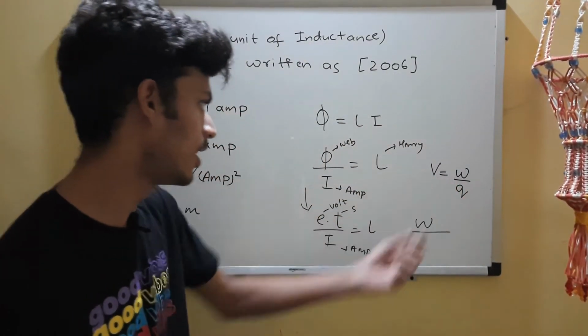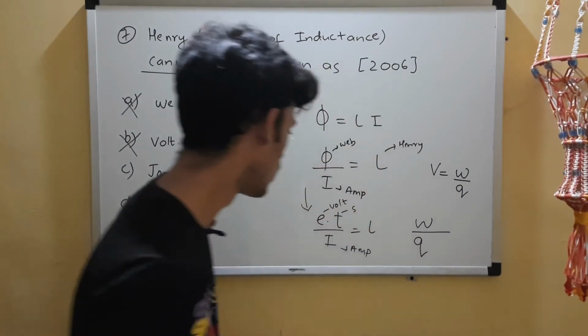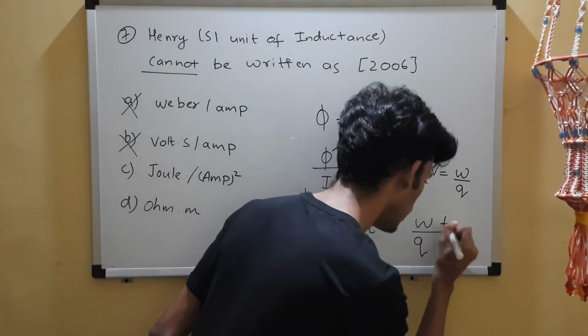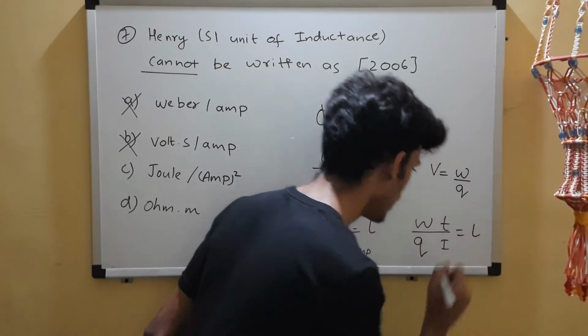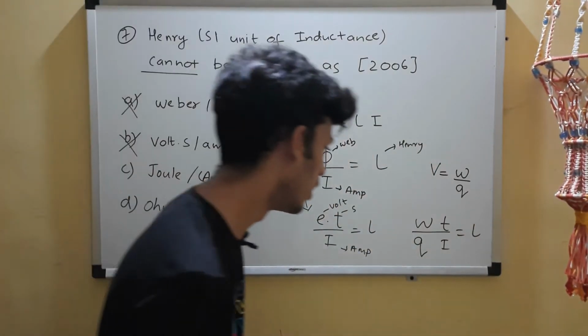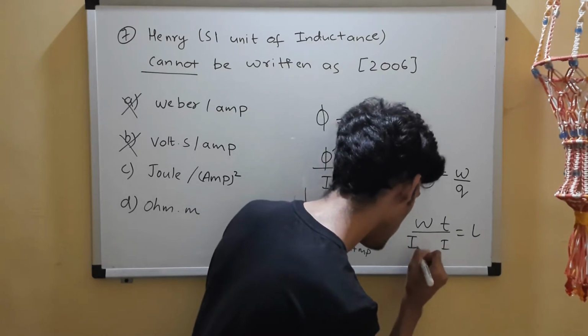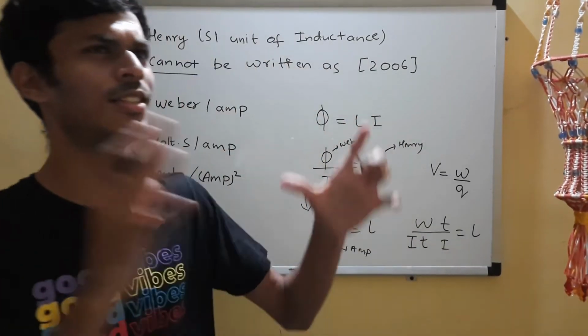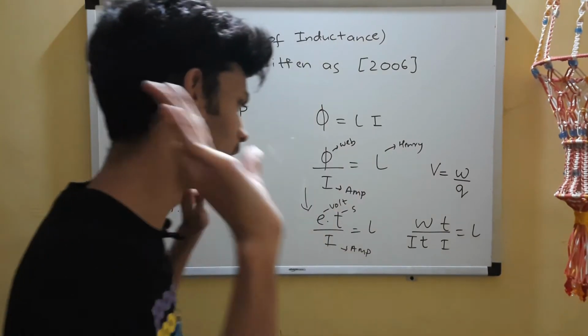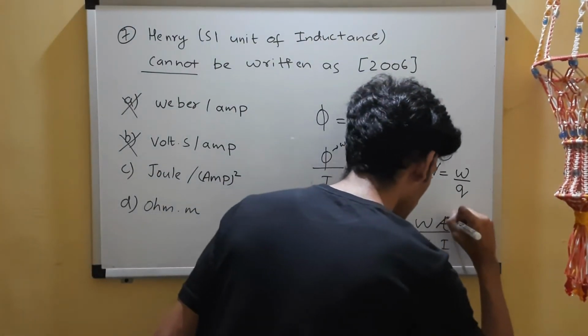So you can replace it by WQ T by I, and on the other side you still have L. Now this Q can be written as IT, right? Current into time. I'm just using the formulas, nothing more. So this T and T can get cancelled.